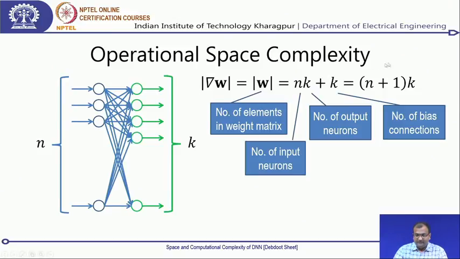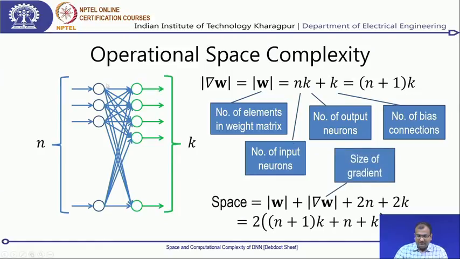Now, here is where I would be looking into it. So, one part is that you have your weights of this matrix, and you also have your gradient of the activations computed out over there, and both of them are of the same size. Okay. Now, together when you look into the total space required for implementing this network, that is the sum of these two. Now, on top of that, you have your input coming down over there, as well as the gradient with respect to your input being taken down.